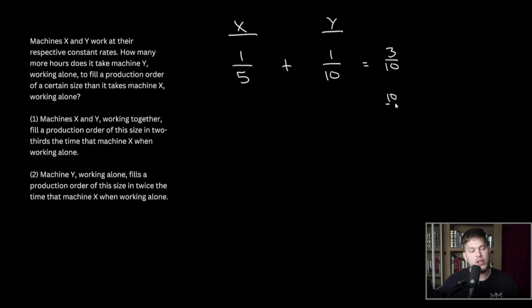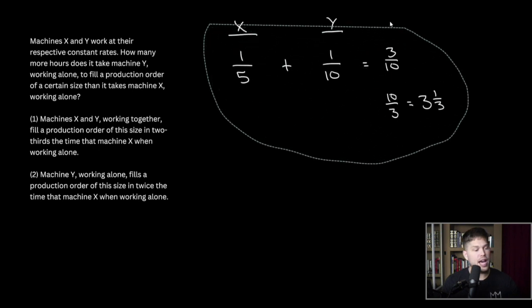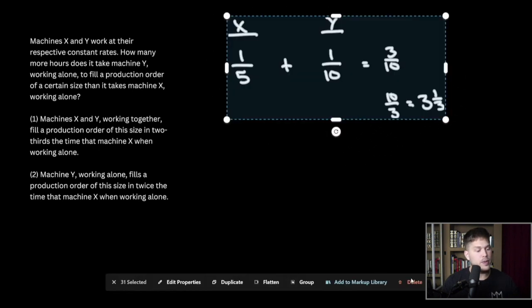It becomes 10/3, and we know that, hey, in 3 hours and 20 minutes, or in 3 1/3 hours, our whole problem would be solved if both machine X and Y work together. So there is a quick little refresher to how you can work with these problems.